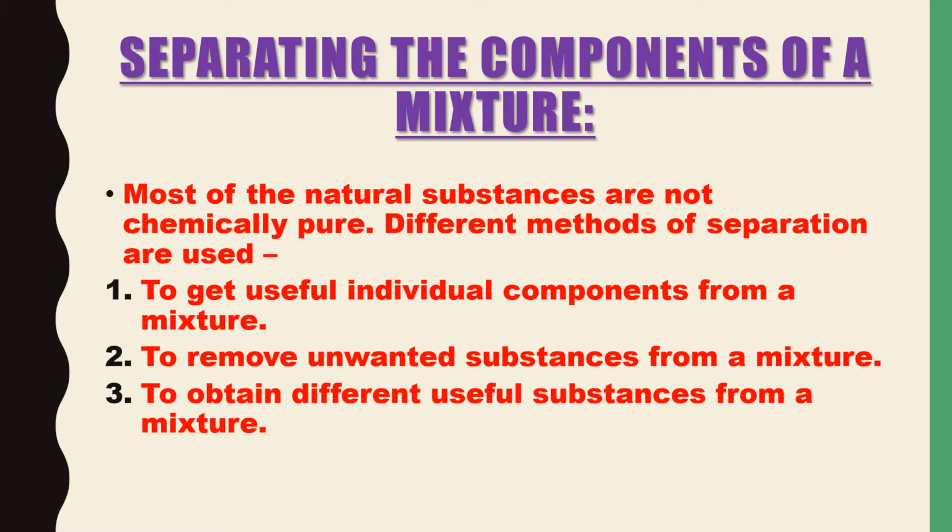Different methods of separation are used to get useful individual components from a mixture. Secondly, to remove unwanted substances from a mixture. And the last one, to obtain different useful substances from a mixture.